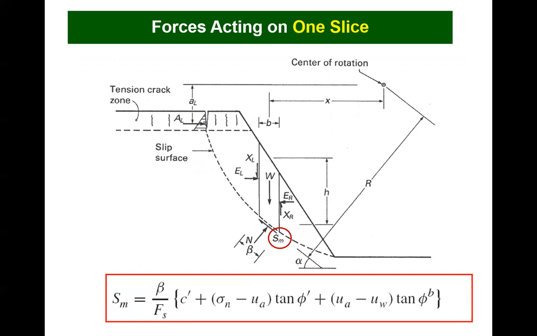The shear force mobilized needs to be defined using the shear strength equation for an unsaturated soil. A linear form for the unsaturated soil is shown at the bottom of this slide.